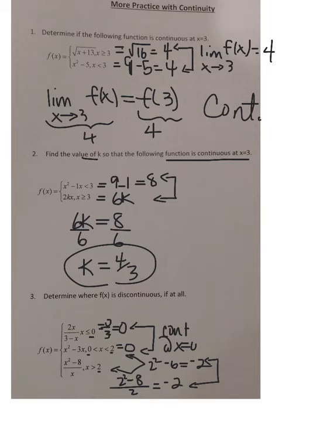We don't have f of 2. There isn't one because we have no equal to. So, determine whether f of x is continuous. It's not, and it's not because f of 2 does not exist.